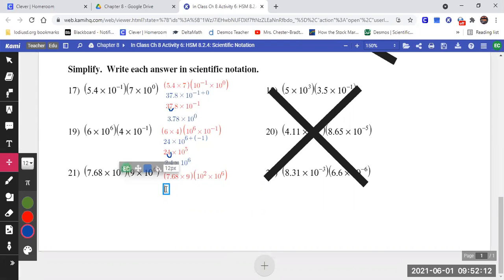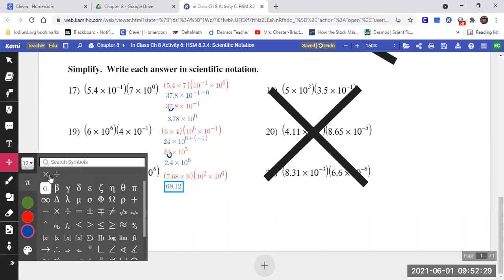You guys can use a calculator, it's fine. Read me the whole thing on the screen, exactly like you see it. Okay, 69.12 times 10 to the 2 plus 6.